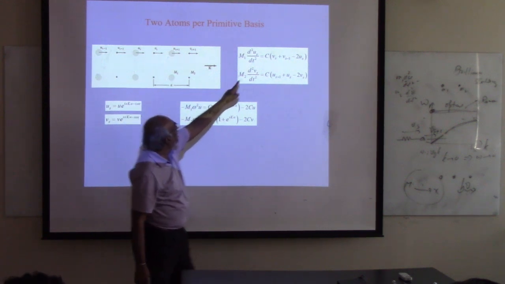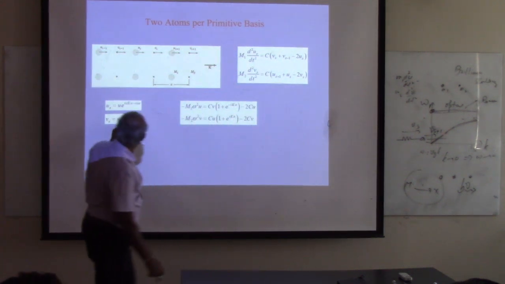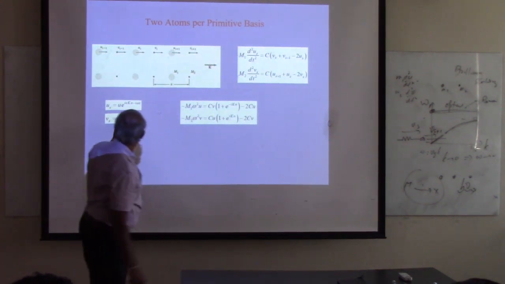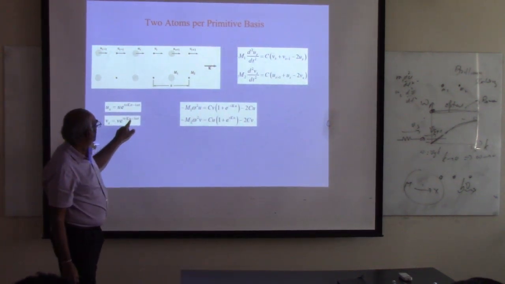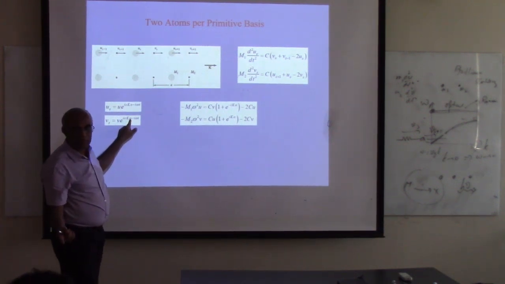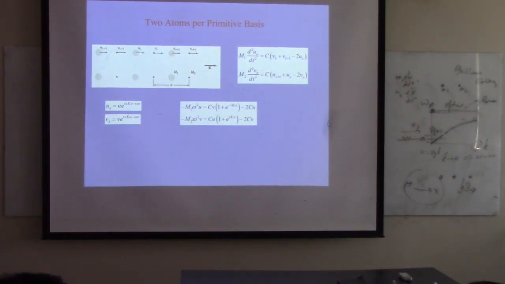Then if you plug in v_s, v_s minus 1 becomes s minus 1, because x_s plus 1 means a times s plus 1, and x_s minus 1 means a times s minus 1.